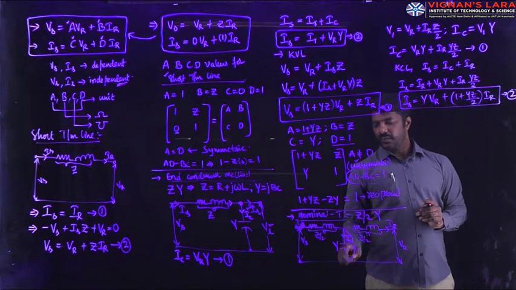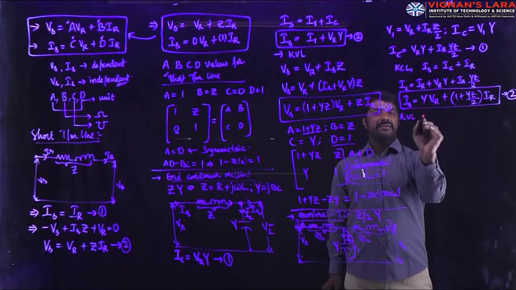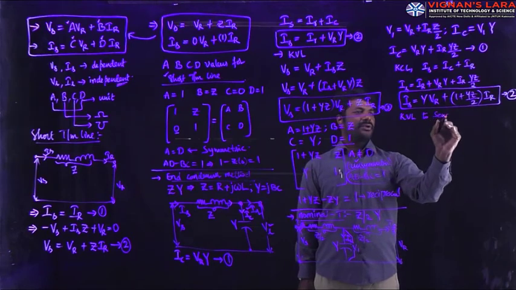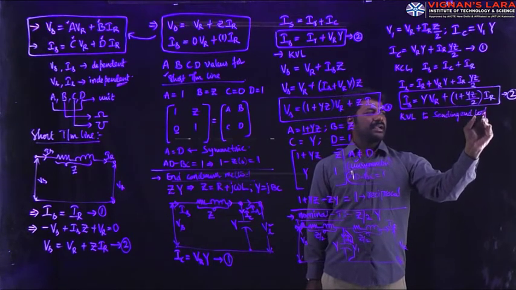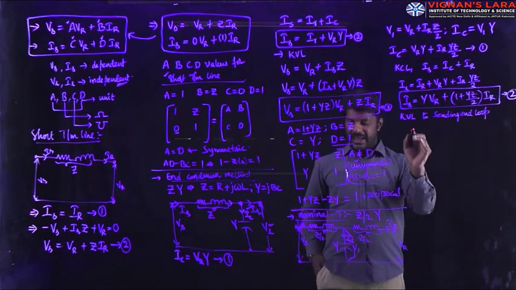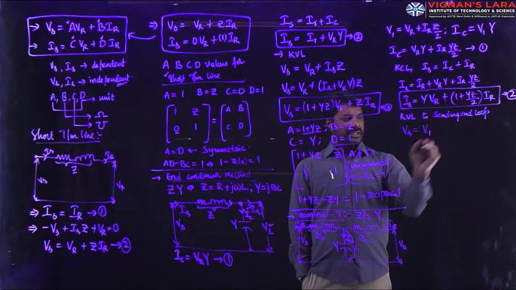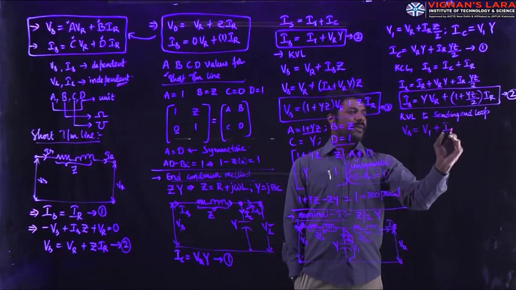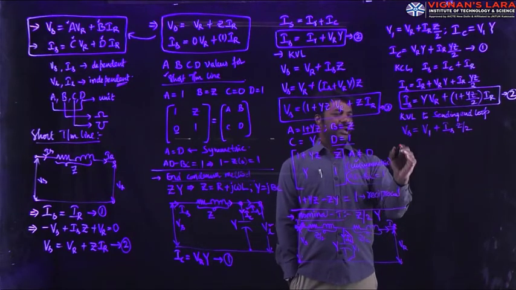So we can write this as Vs, applying KVL to the sending end loop. As per the KVL, Vs is equal to the capacitor voltage V1 plus the drop across the series impedance, called Is into Z by 2.